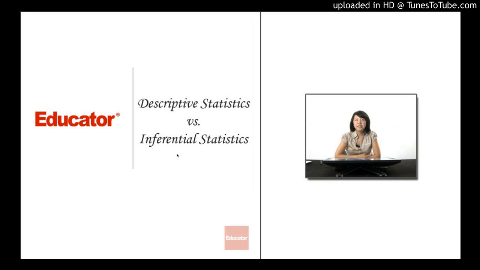So it would really help us out if we knew the entire distribution of potential samples. Wouldn't that be handy? And that is called a sampling distribution.